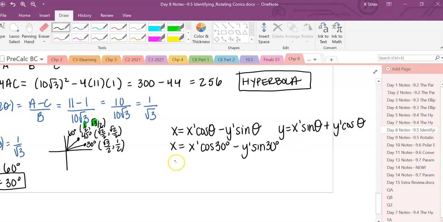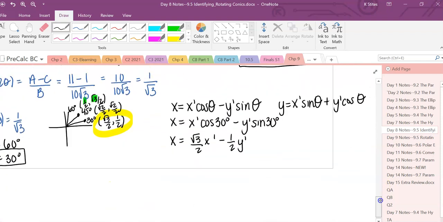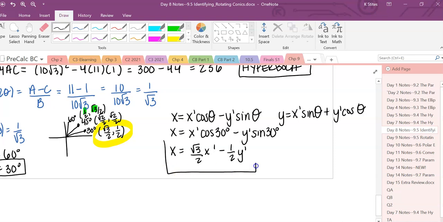I'll just finish this one. Okay, so the cosine of 30 is root 3 over 2, and the sine of 30 is 1/2. If you want to factor out a 1/2, you can, but honestly, it doesn't really help you. I only do it for 45 degrees because you have the root 2 over 2 in front of both your x prime and y prime. So this is just done.